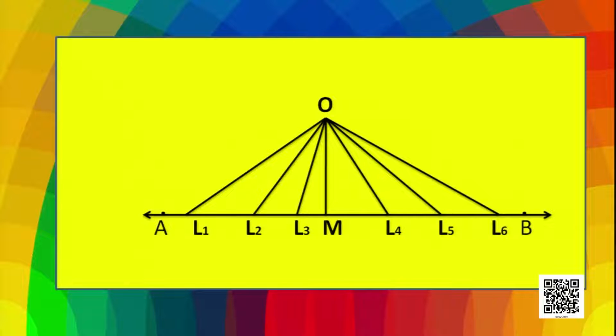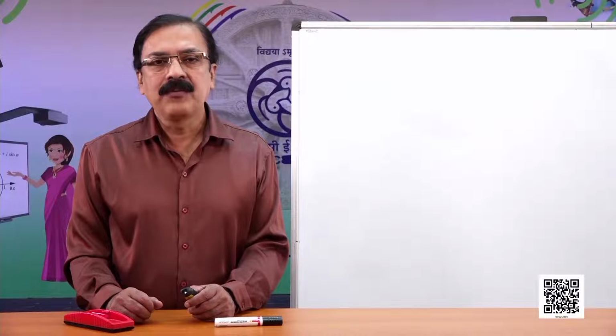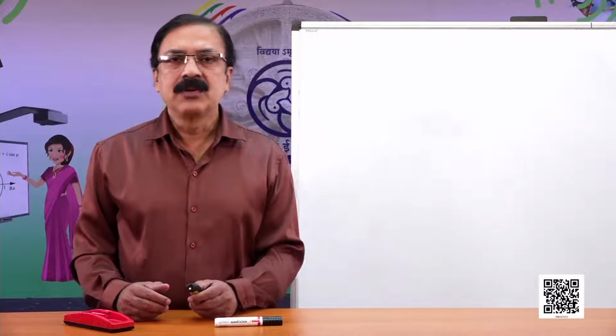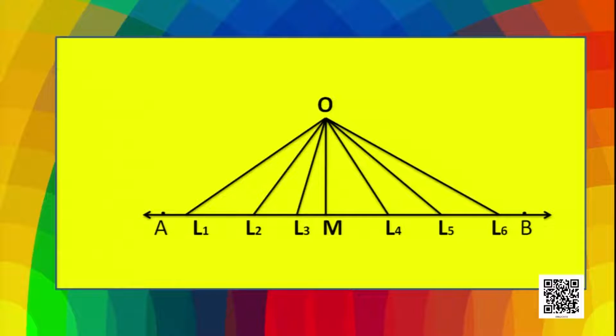AB is a line, and on this line we have infinitely many points like L1, L2, L3, M, L4, L5, L6 and so on. If we consider a point outside the line, that is O, how many line segments can we get by joining that point O and the points on line AB?